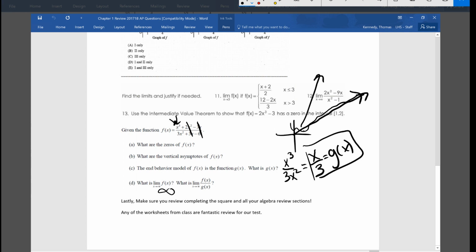It's basically its slant asymptote, which I think you guys did in pre-calc. So if these guys have exactly the same slant asymptote, because g of x obviously goes to x over 3 forever, and this function goes to x over 3, because that's its ratio of its leading terms, then if we divide those two, we're just going to get 1. They're exactly the same thing. They have exactly the same asymptote. And hopefully that did a better job explaining that.